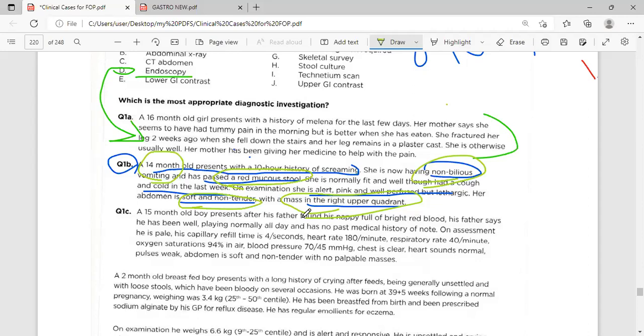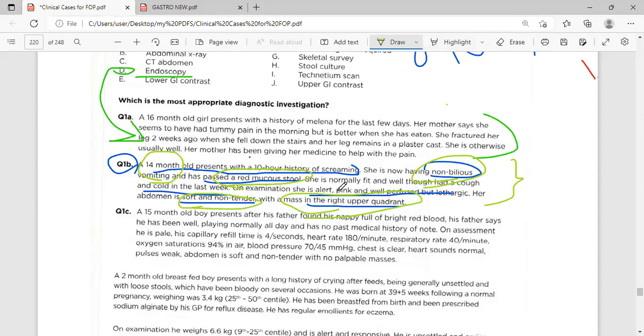Whenever you have such a case, why is this not a case of gastroenteritis? What clues do we have here? In gastroenteritis there is no mass.